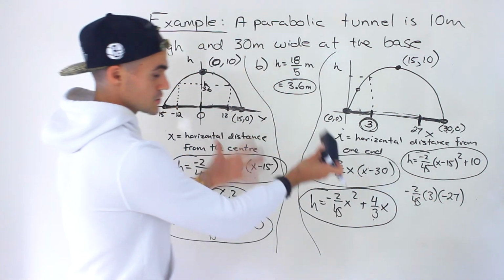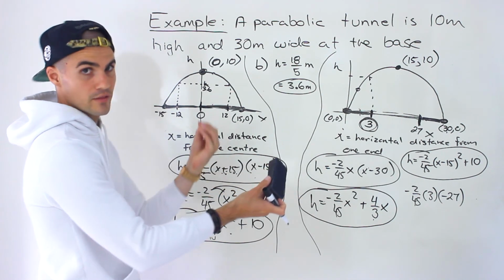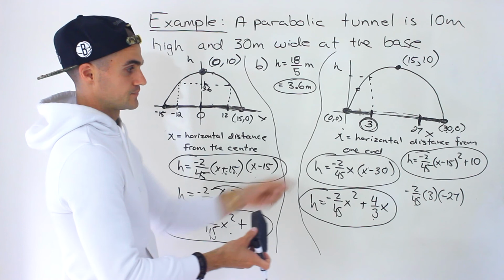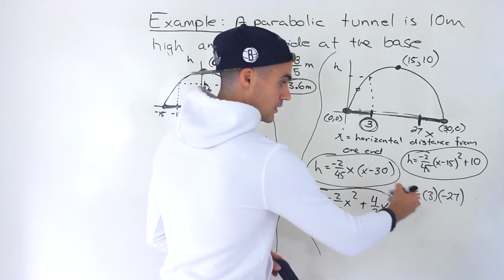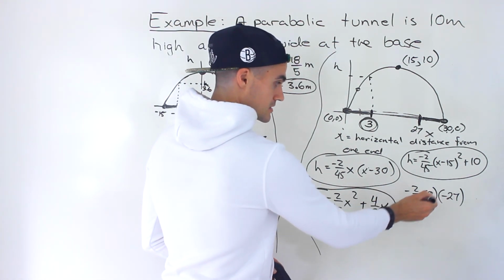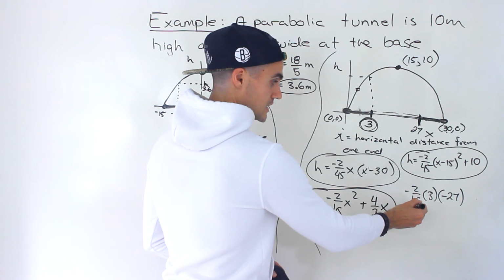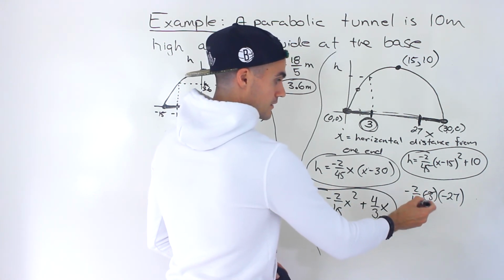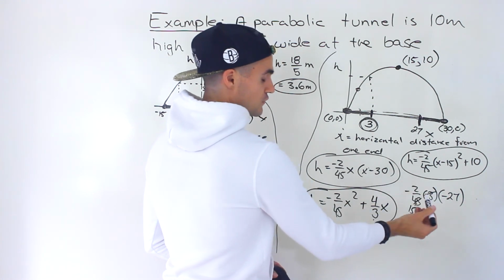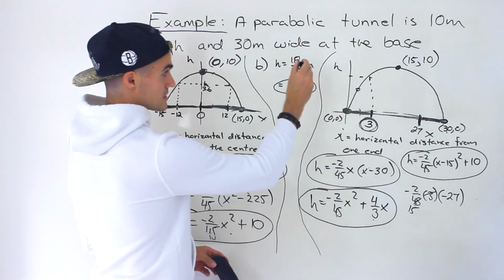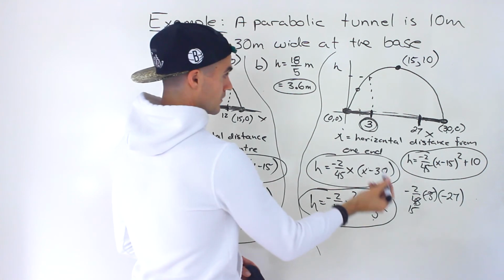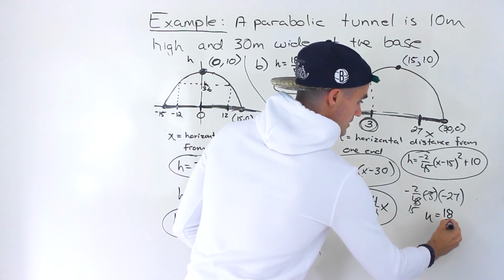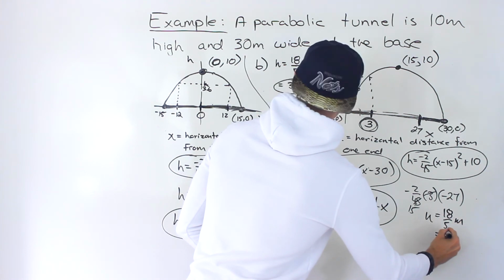We just got to it in a different way, with a different parabola, with a different x value. So when you multiply all of this, again, this is going to end up being 15, and then you'll end up with, again, 54 over 15, which simplifies to 18 over 5, right? So you get that same height, 18 over 5 meters, or 3.6 meters.